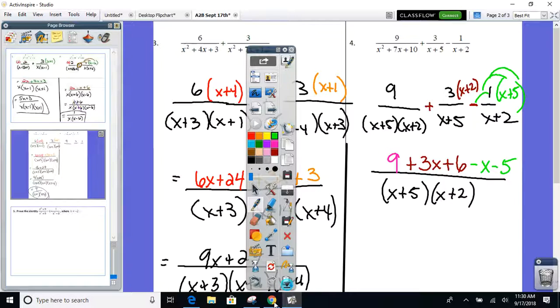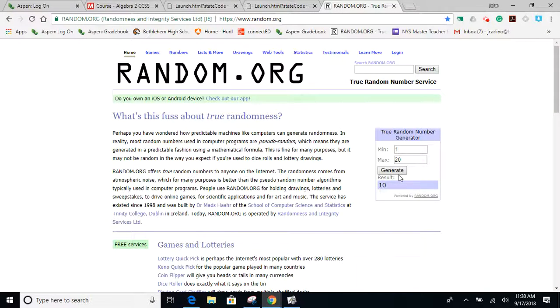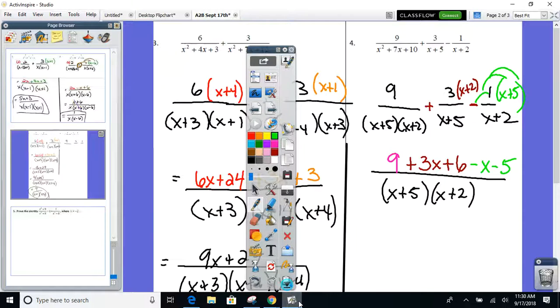All right, anybody want to simplify this for me? Simplify it. What's up? Where are we looking? Yep, and then you have the minus 5 over here, though. All in one.